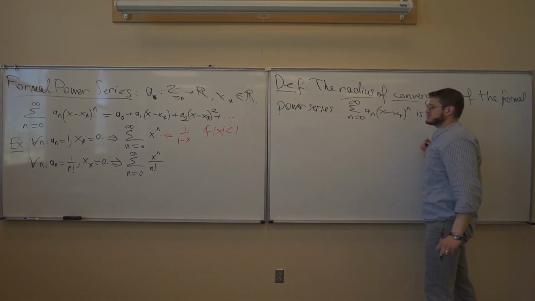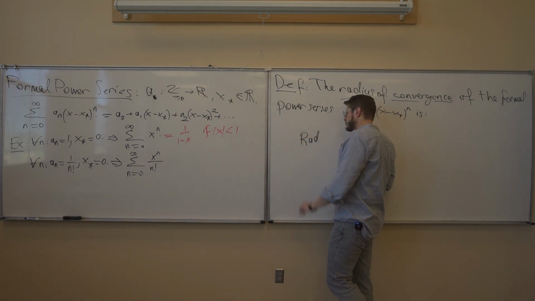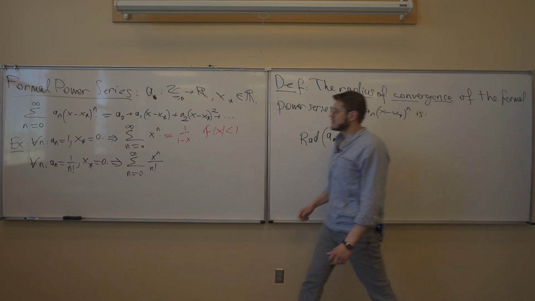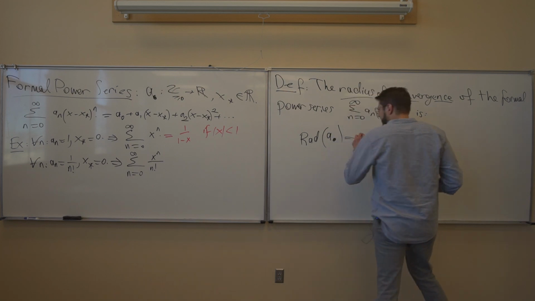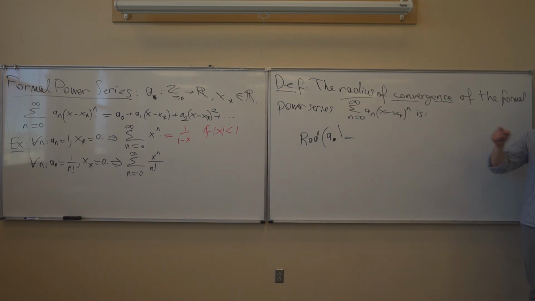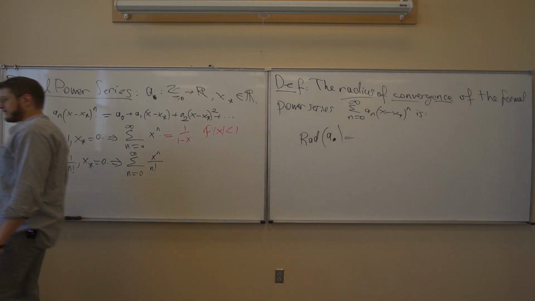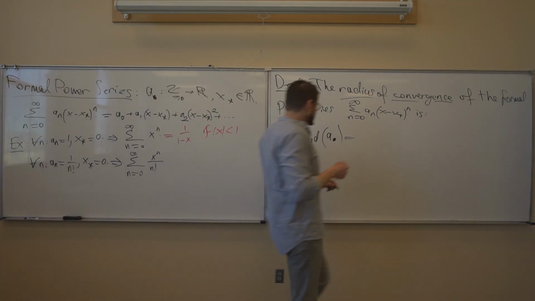is, by definition, the following. I'm going to call it rad of a bullet, because somehow it only depends on the sequence of coefficients. And this is defined like this. Essentially, this is supposed to be the reciprocal of the limsup of the root sequence of a_n. In a second, we're going to see why. And so if you want, we can write it like this.